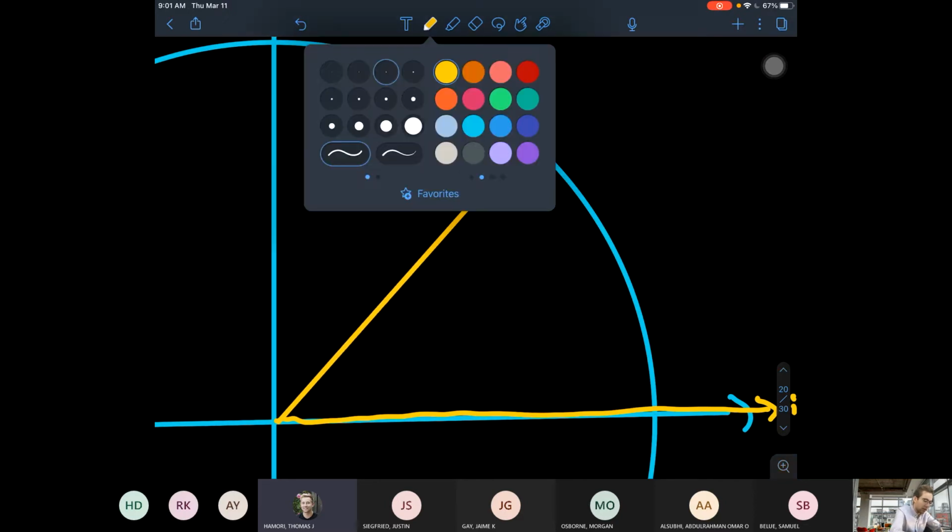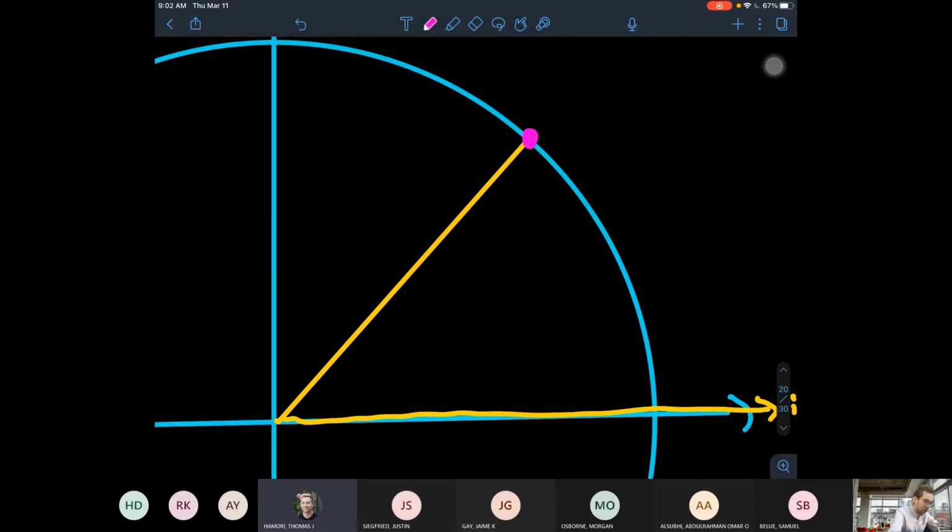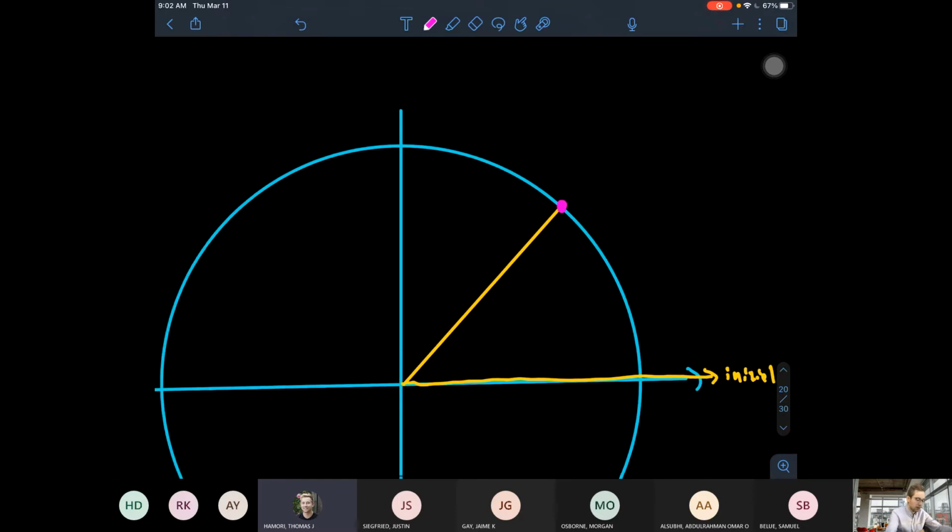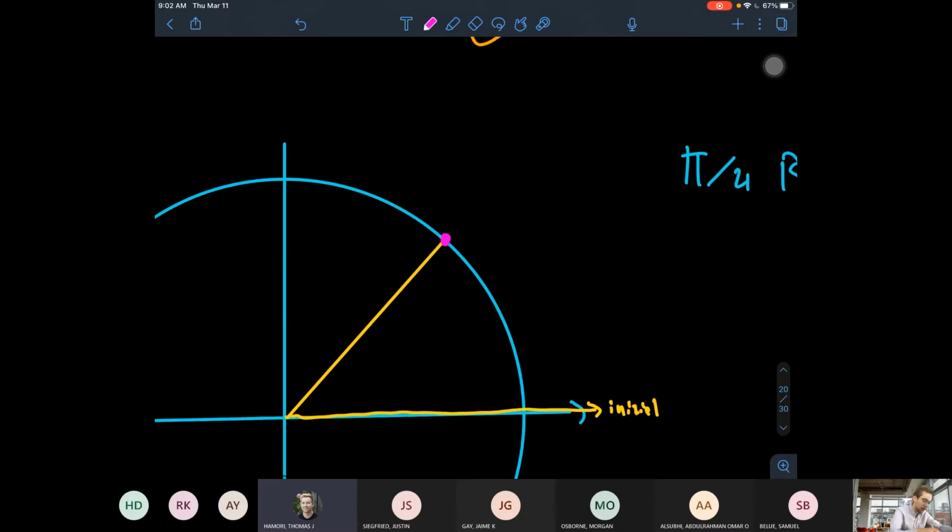Okay, and now I'm interested in what is this point, this pink point. I want to know what that point is. I know this point has coordinates cosine of pi over 4, comma, sine of pi over 4. And I want to know what these two numbers are.